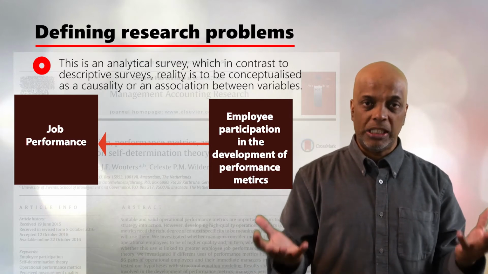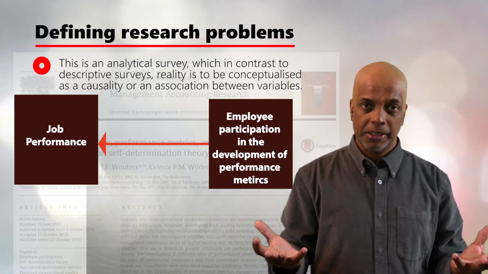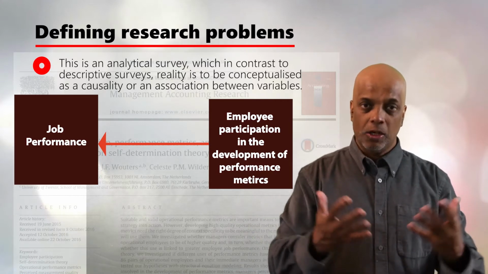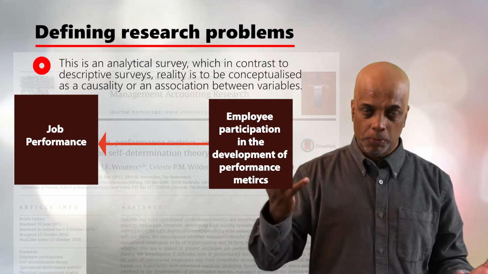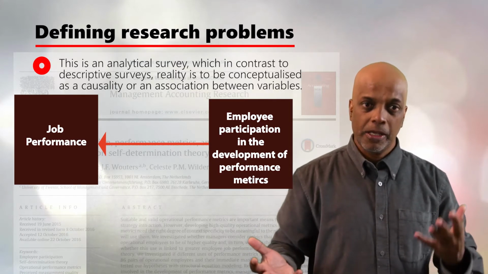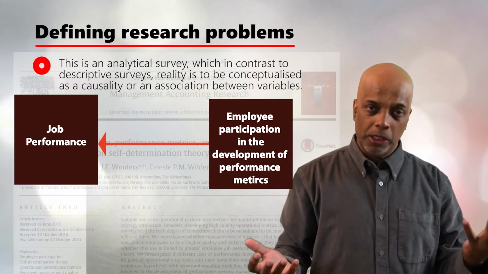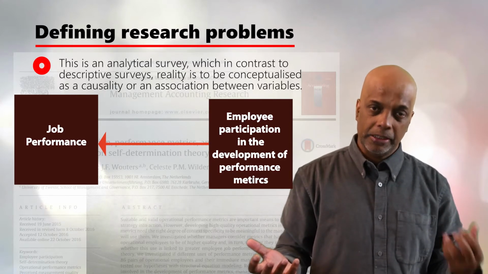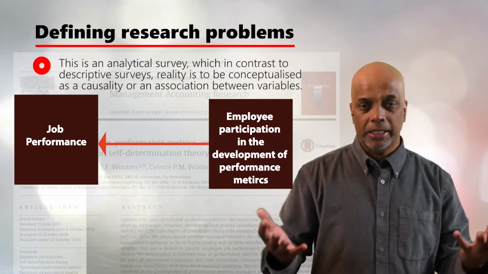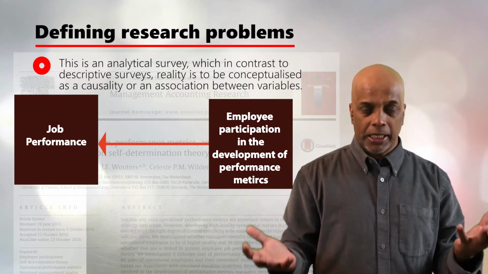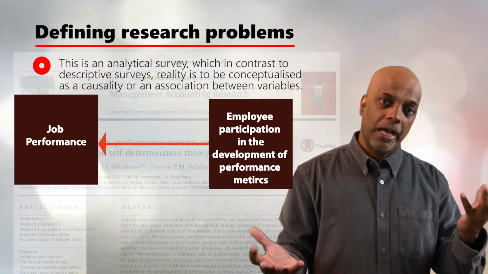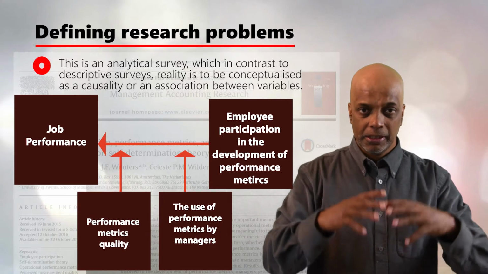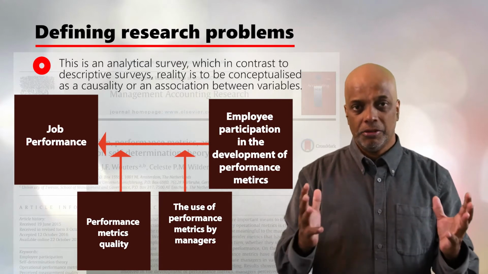So those are the two key variables: job performance, the dependent variable, and the extent to which employees participate in the development of their own performance metrics, the independent variable. And they also want to see whether this connection is mediated by two other key variables.